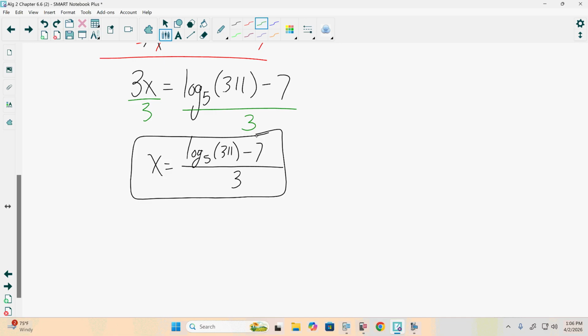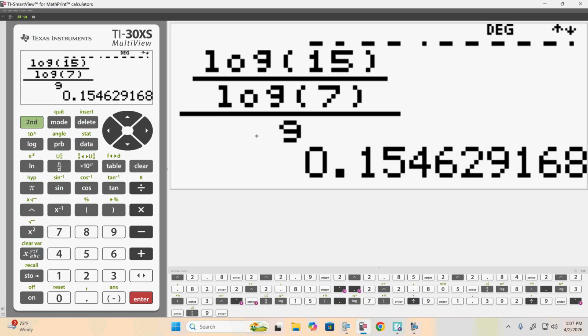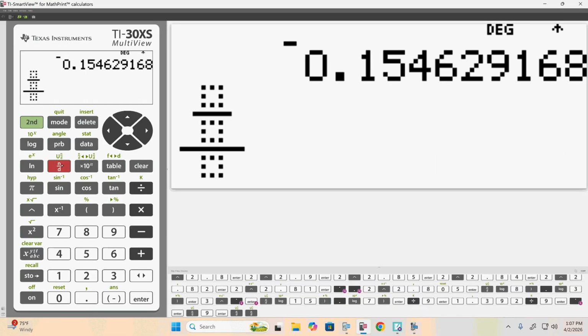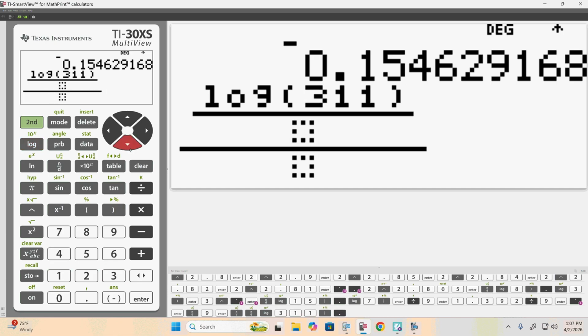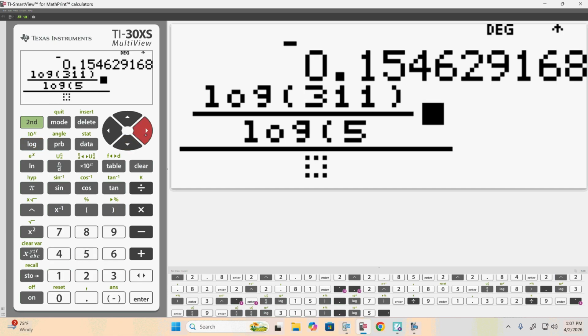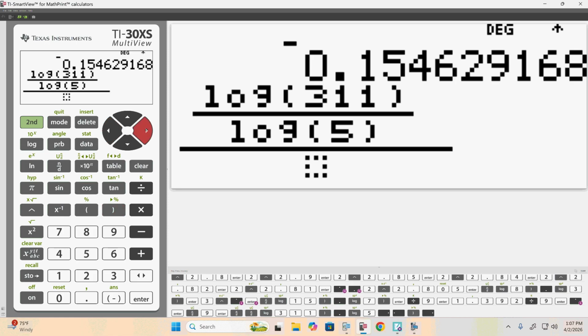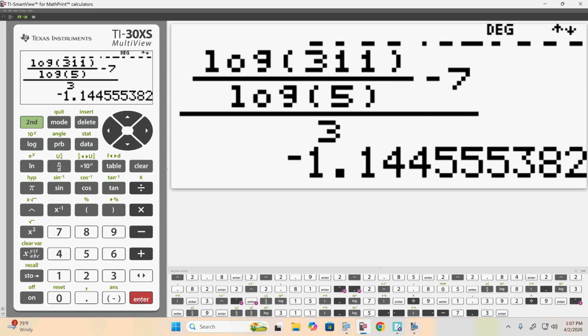Does that make sense? Now, if we wanted to do this in the calculator, what we can do is log of 311 over log of 5, minus 7 from it, and divide it by 3. Negative 1.144555382, or negative 1.145.